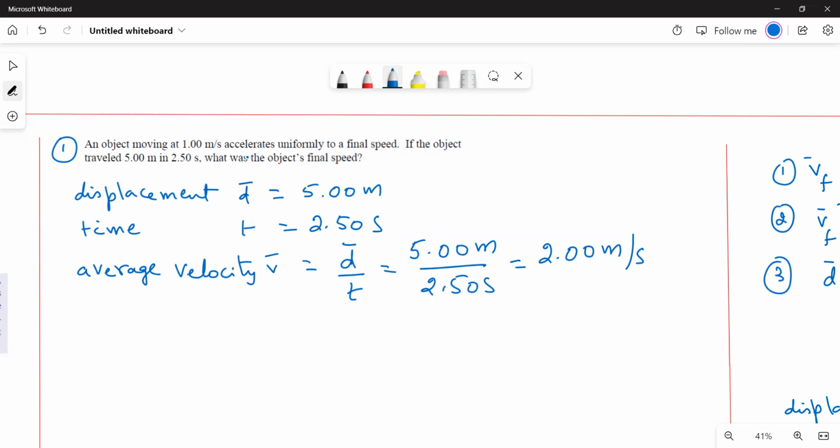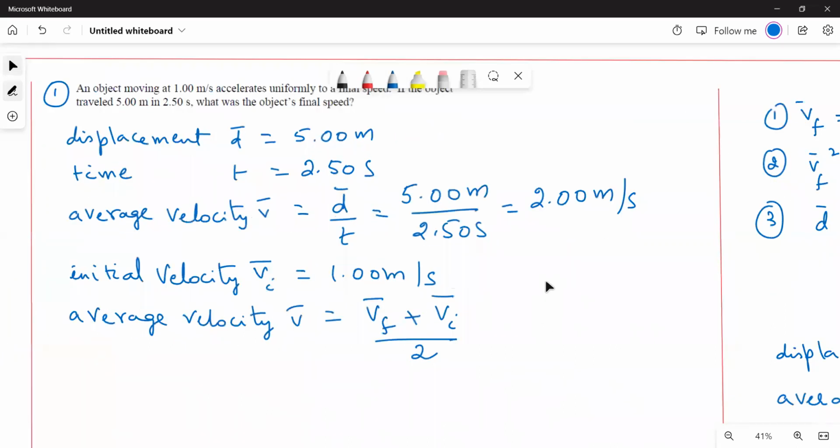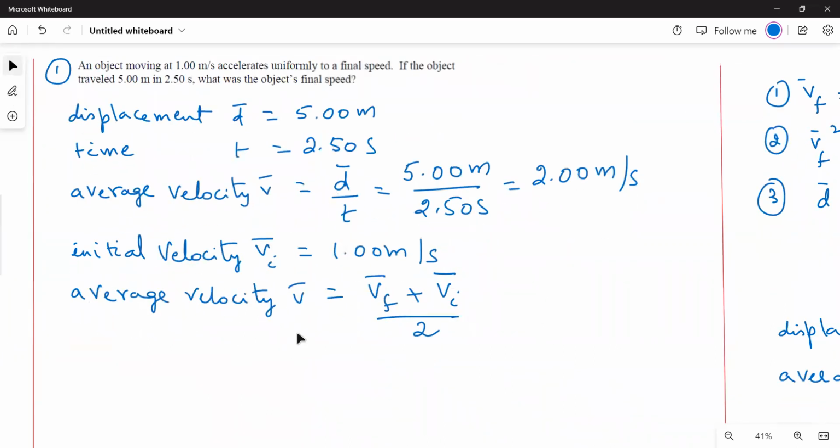And initial velocity is given as 1 meter per second. We know average velocity is equal to Vf plus Vi over 2. We have to find Vf.